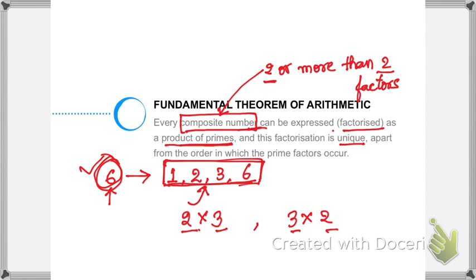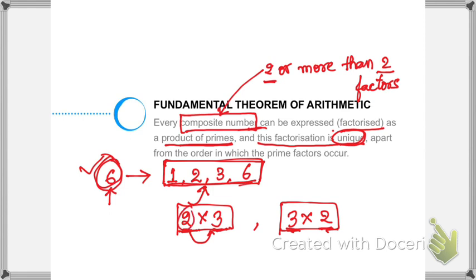And this factorization is unique. Either you consider this one or this one, this factorization is unique apart from the order in which the prime factors occur. It means that whether you write 2 in front and 3 at the back, or 3 in front and 2 at the back, it doesn't matter.